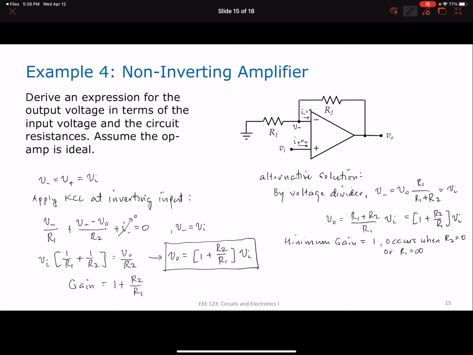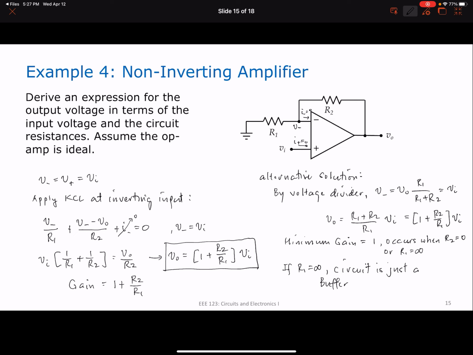In other words, if this is an open circuit, then V sub O is just equal to V sub I. And you will note that if R1 is equal to infinity, then the circuit is just a buffer, which is our first example, a voltage follower or a buffer.